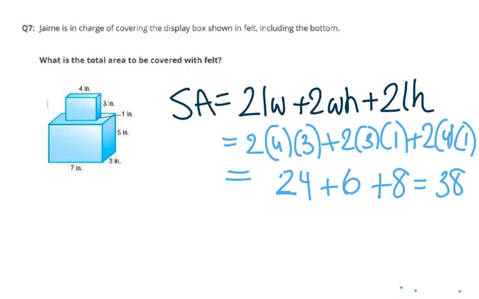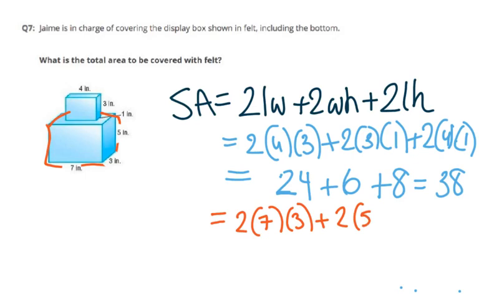Just going to erase this part for now, and now we'll find the surface area of the larger rectangular prism. Let me just see what the numbers are. Okay, so again, it's the same formula. For this, it would be 2 times 7 times 3 plus 2 times 5 times 3 plus 2 times 5 times 7.